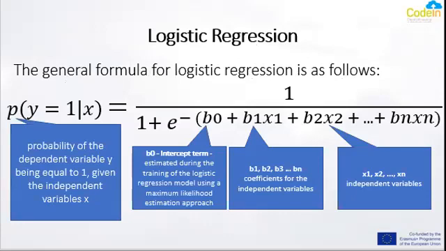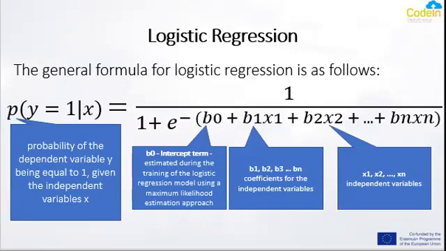Logistic regression is a statistical method used for binary classification problems, where the goal is to predict a binary outcome, for example, yes, no, true, false. It helps to determine the relationship between a set of independent variables and a binary dependent variable. The independent variables are used to predict a probability of the dependent variable being either 0 or 1.